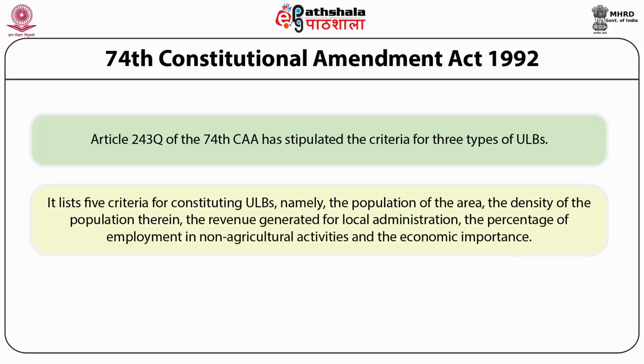It lists five criteria for constituting urban local bodies, namely the population of the area, the density of the population therein, the revenue generated for local administration, the percentage of employment in non-agricultural activities, and the economic importance.